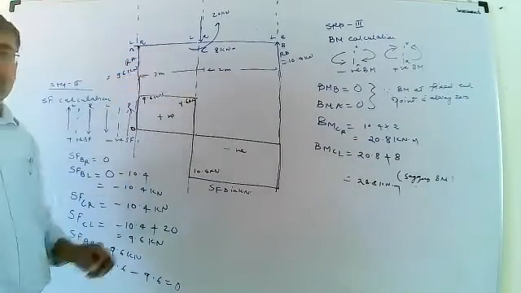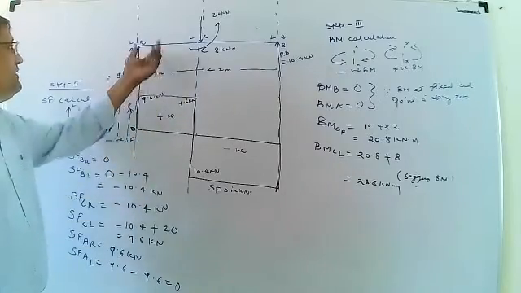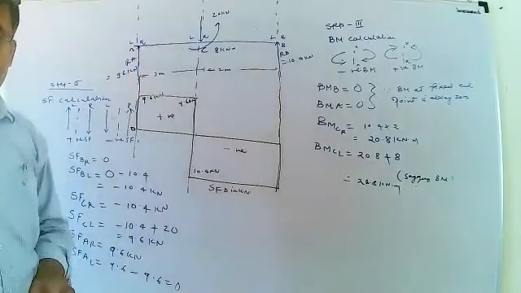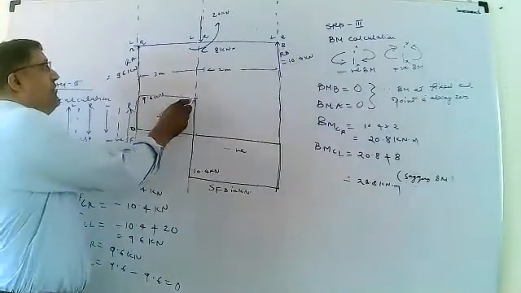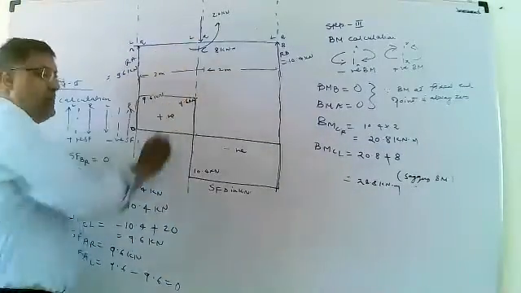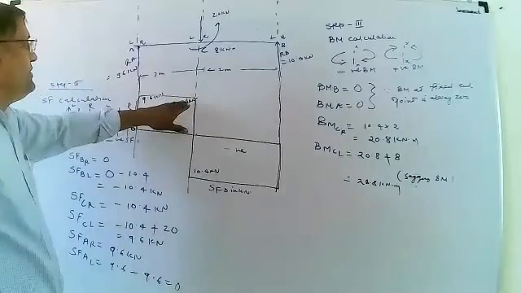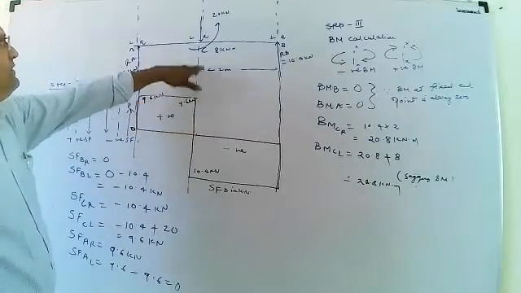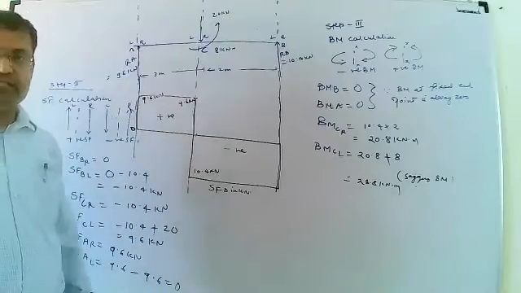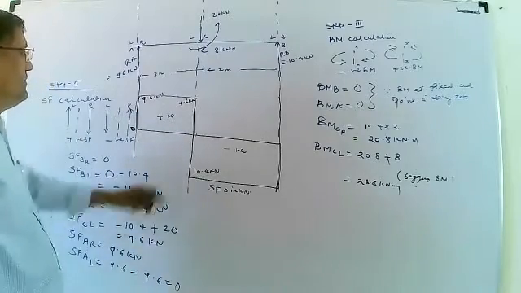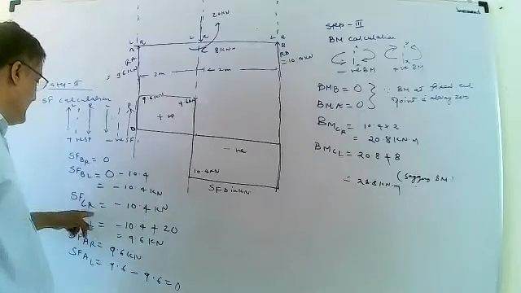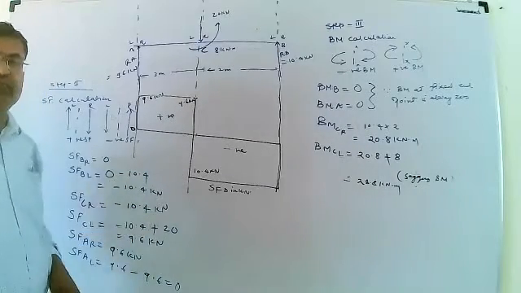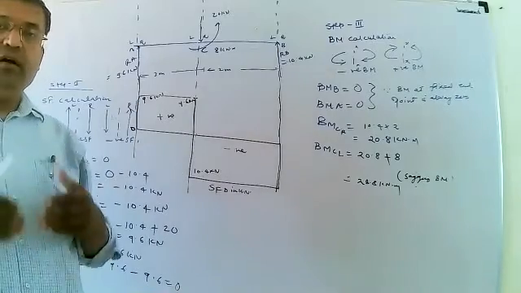In the portion AC, there will be no load. If no load is given, how to draw shear force? Draw the horizontal straight line up to the point C. Then here at the point C, the force is downward and the value at C on the right side is minus 10.4 kilonewton.